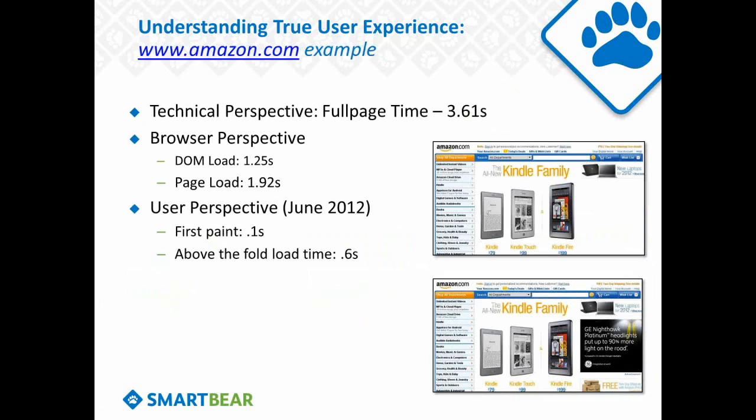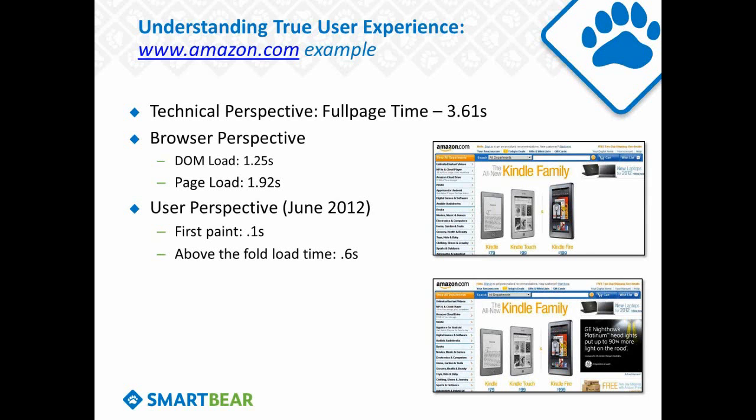So let's look at an example together that puts all of these perspectives on one page. This is a load of the Amazon homepage, and the technical perspective, or the waterfall report, shows a full page load time of 3.61 seconds, and this is pretty typical for the Amazon homepage in our measurements.